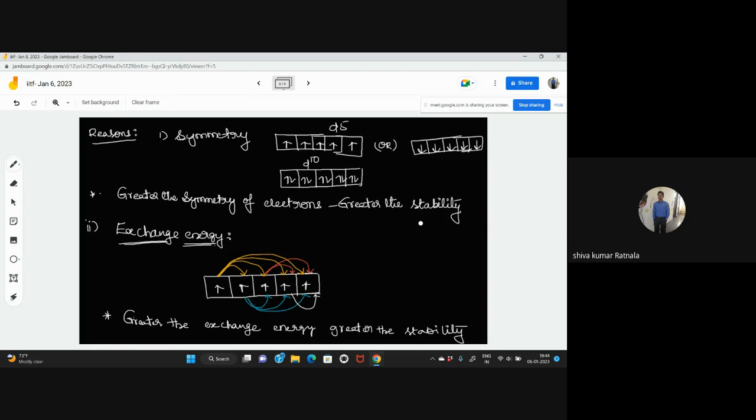Okay, students, understood? So this is why chromium and copper have exceptional electronic configuration. In actuality, among the total 108 elements, there are different elements which have exceptional electronic configurations.